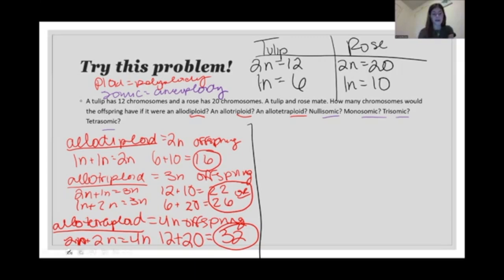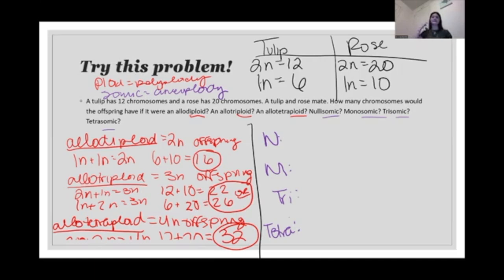So now let's look at my aneuploidy ones, my nullosomic, monosomic, trisomic, tetrasomic. And I am just going to write out the first letter for all of these. So N, M, tri, so a little more than the first letter, and tetra. Okay.